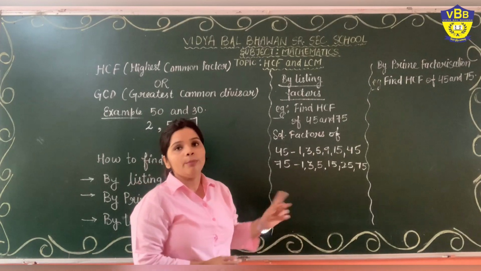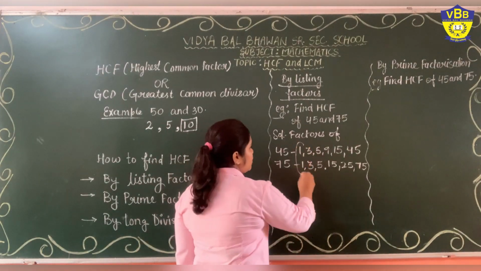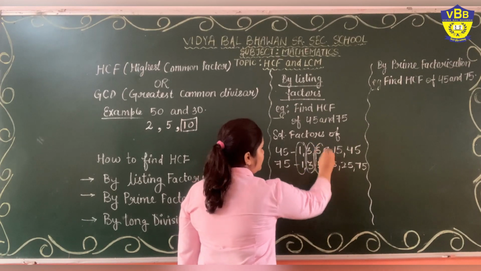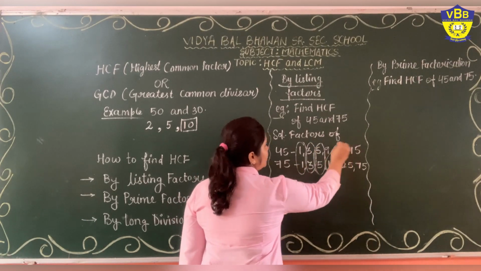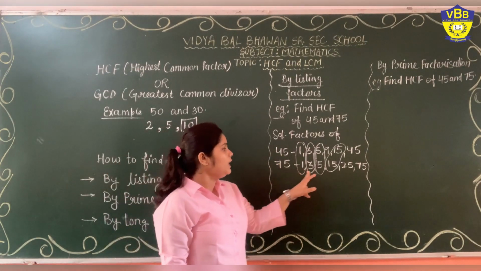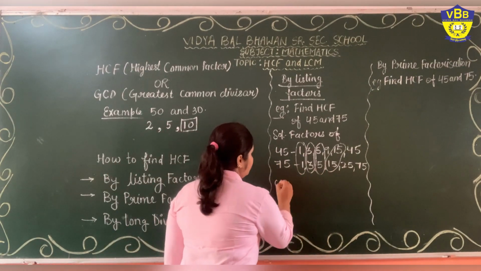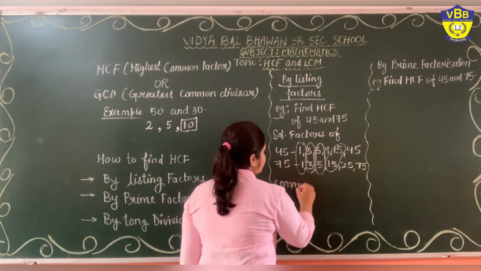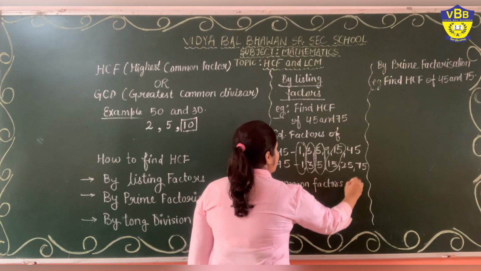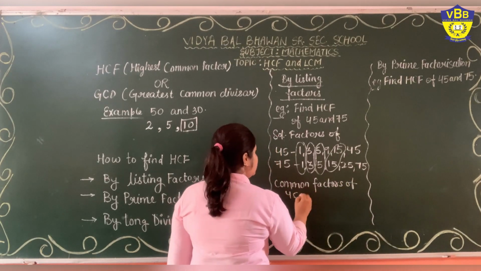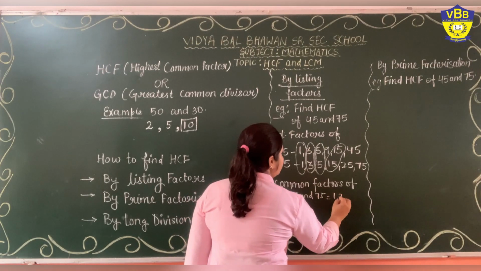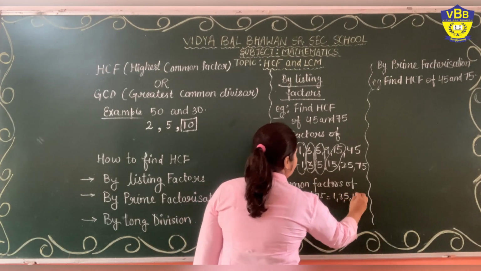Now find the common factors of them. Common are 1, 3, 5 and 15. The common factors of 45 and 75 are 1, 3, 5 and 15.